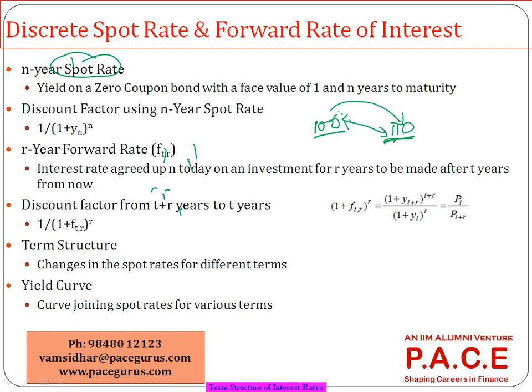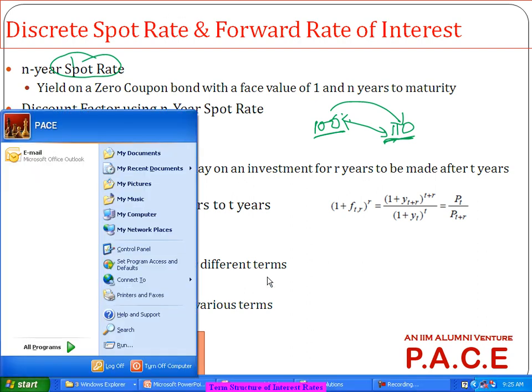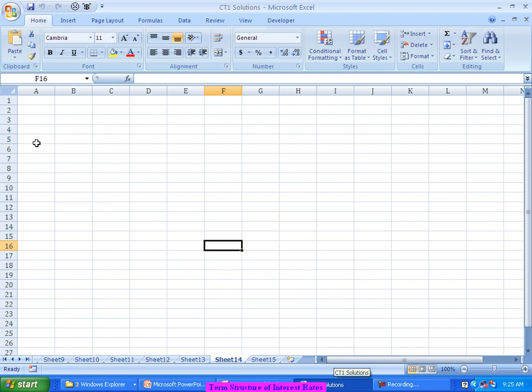For example, we have an FD kind of instrument. Any FD, fixed deposit, can very well be looked at as a zero coupon bond because we are investing something now which will give whatever the value is on maturity and nothing in the middle. Those are what we call equivalent to a zero coupon bond.